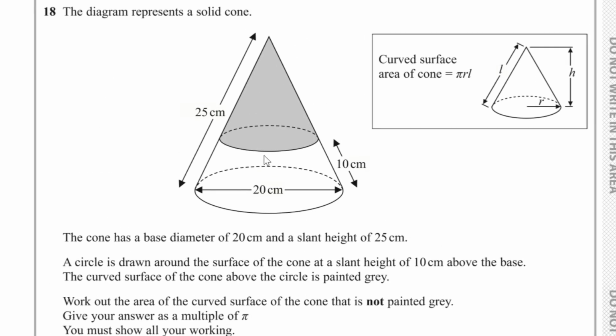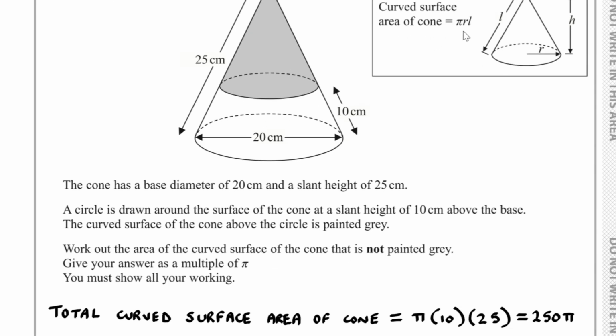Now what we need to do is somehow find the surface area of the grey bit. Now for us to do that, we need the diameter of the small circle. How could we find that out?